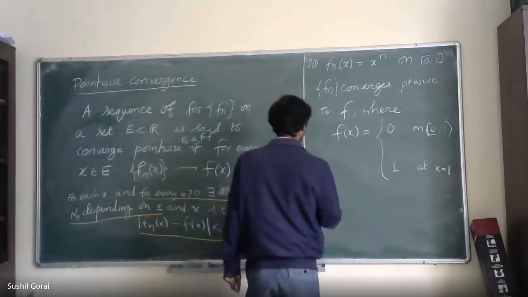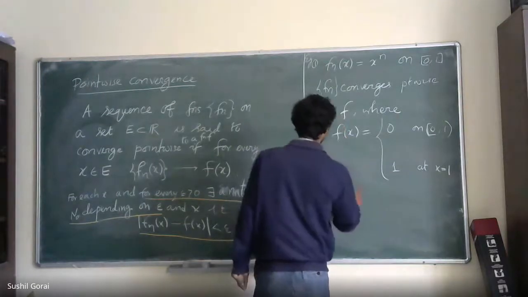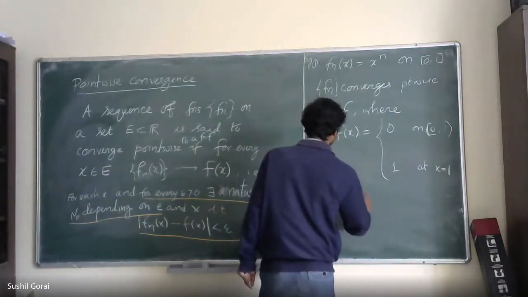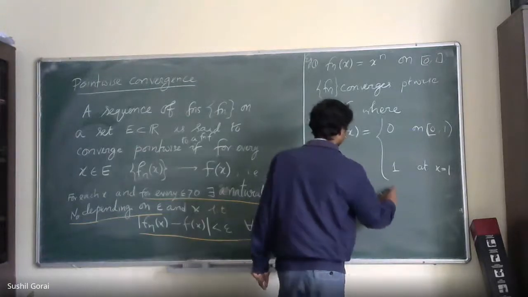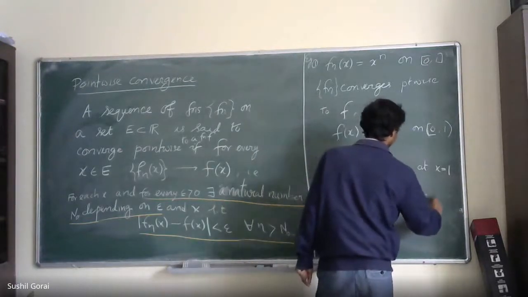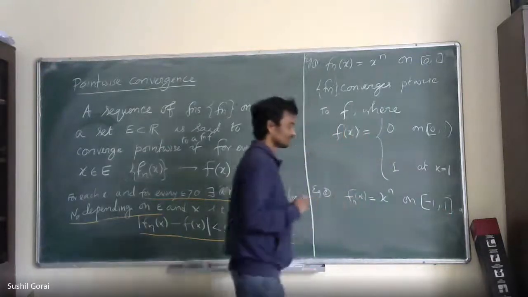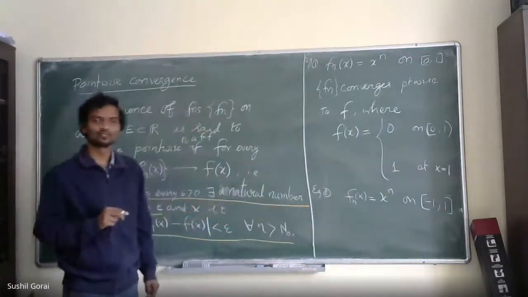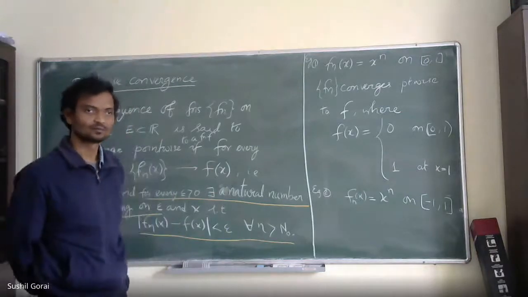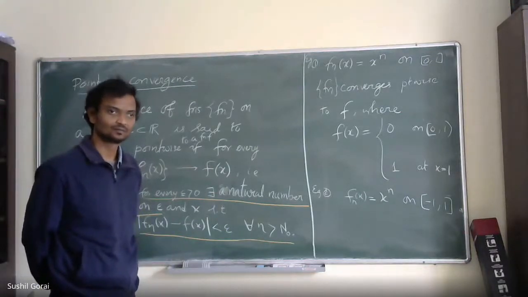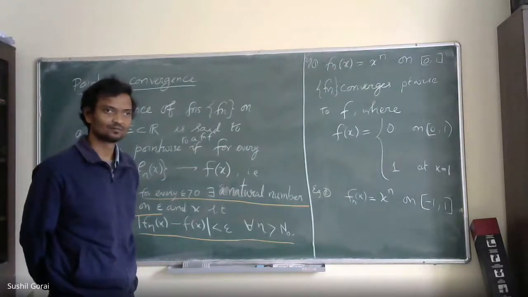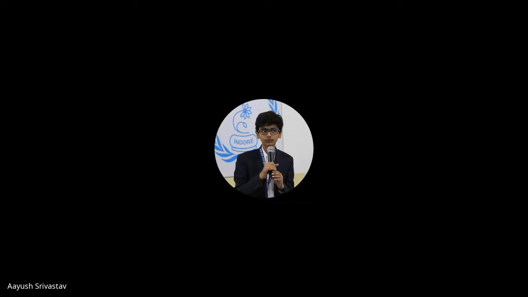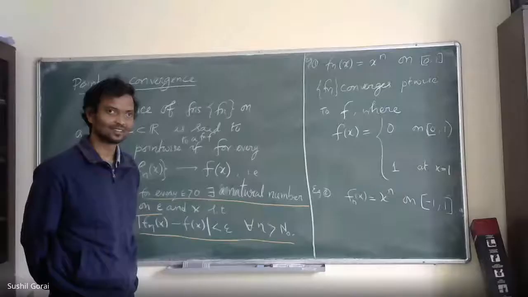Example 2 here is a different, same example. X to the power n on, let's look at it on minus 1 to 1. Right? Does it converge pointwise? It does not converge at minus 1.